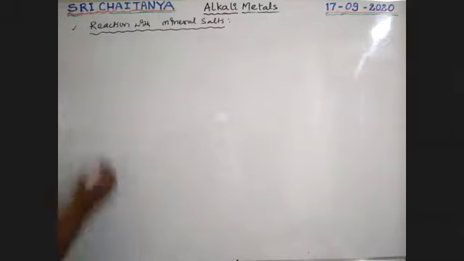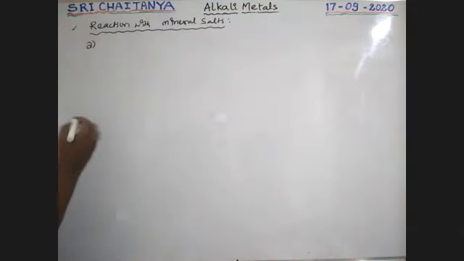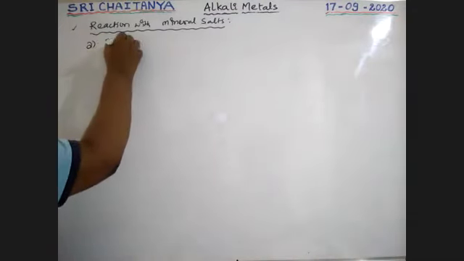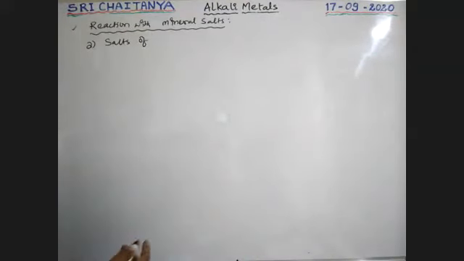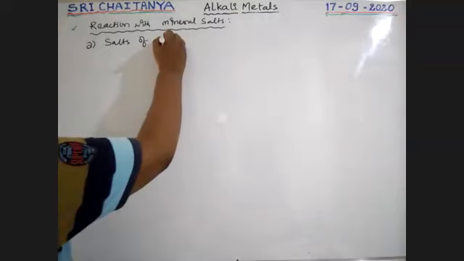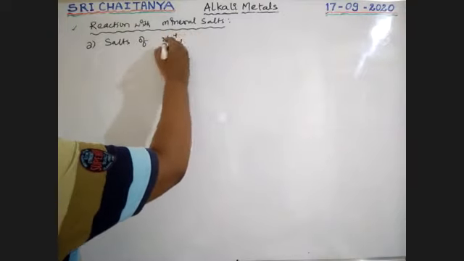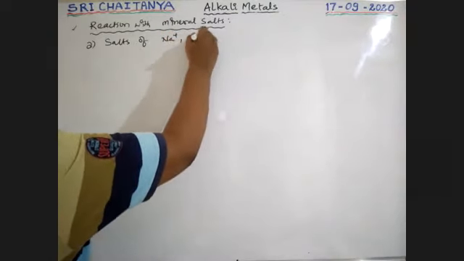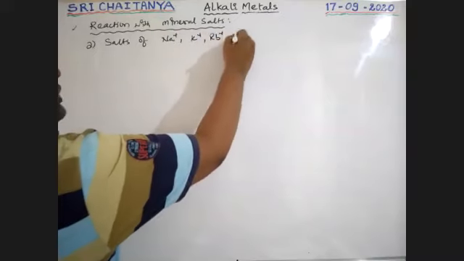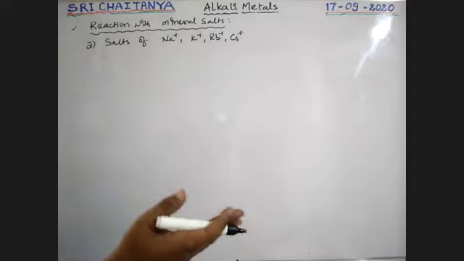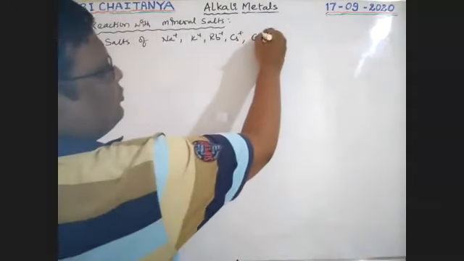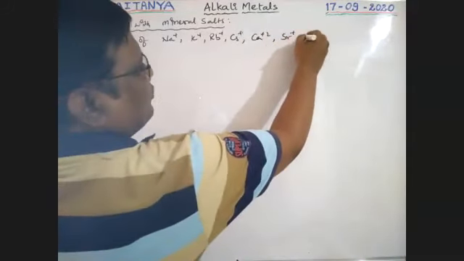See here, first one, A, reaction with salts of our first year and second year metals. That is sodium, potassium, rubidium, cesium, these metals, and beryllium, magnesium removed, that is calcium, strontium, barium.